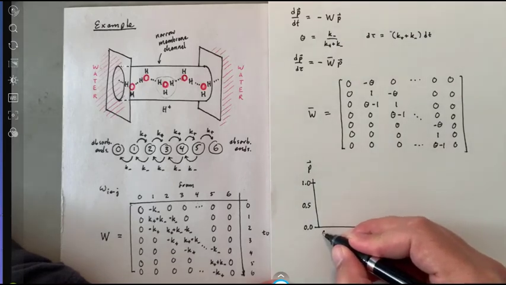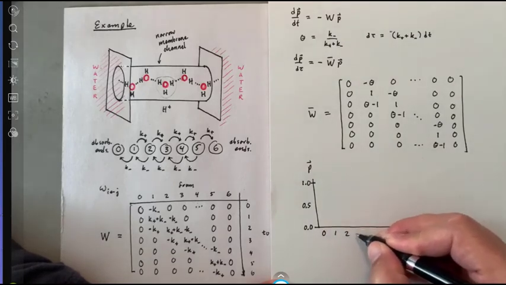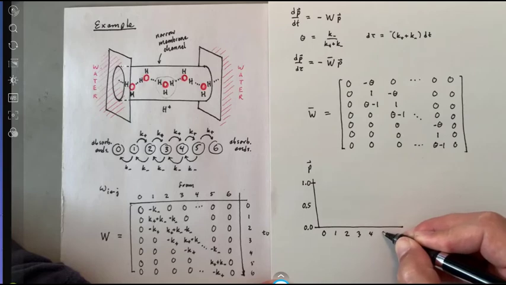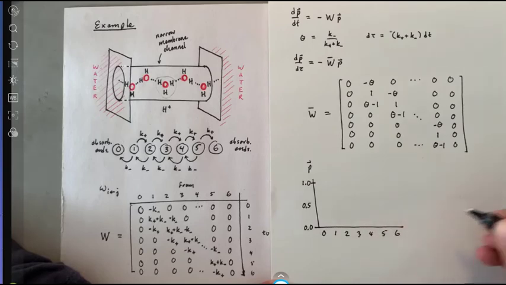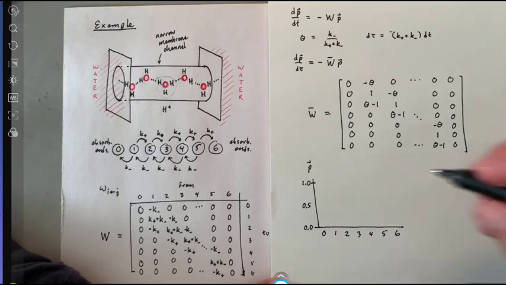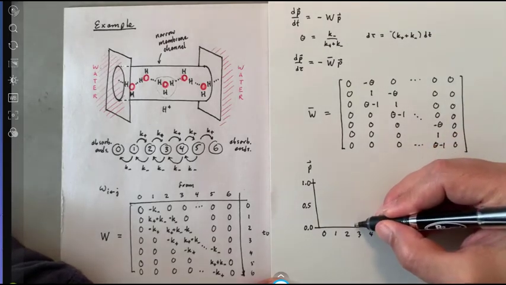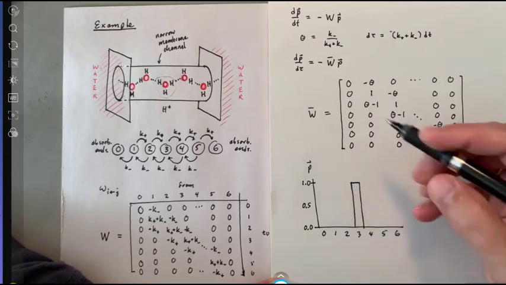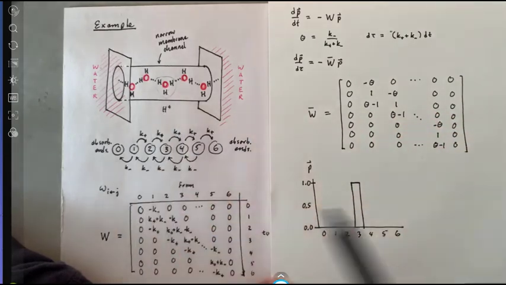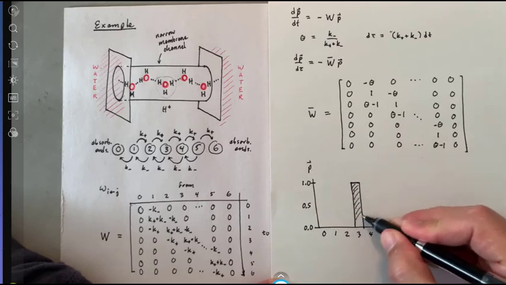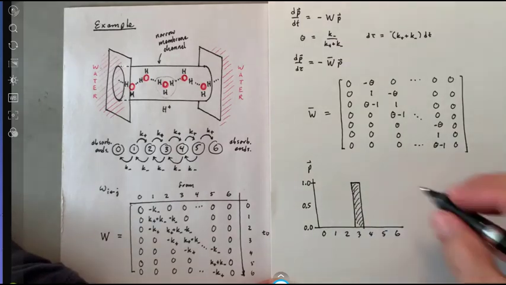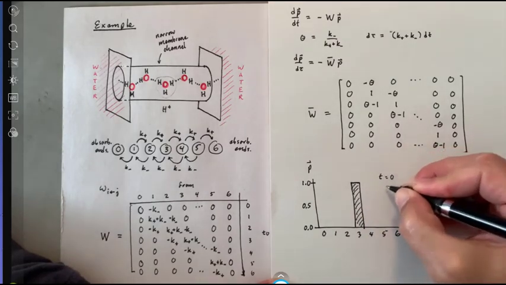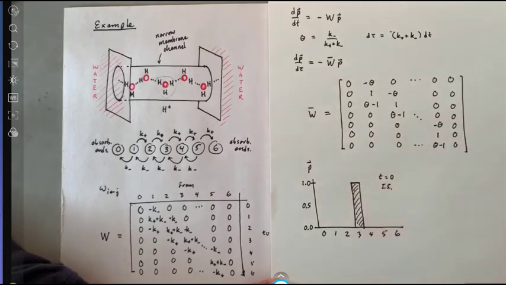We have states 0, 1, 2, 3, 4, 5, and 6. Let's suppose that our initial conditions are that we start our proton exactly at position 3, the way I drew the picture over here. The proton is starting out exactly like that. So this is my t equals 0 initial condition.